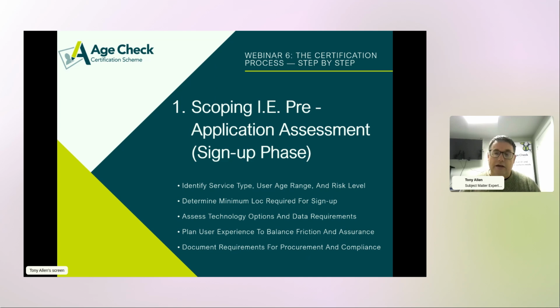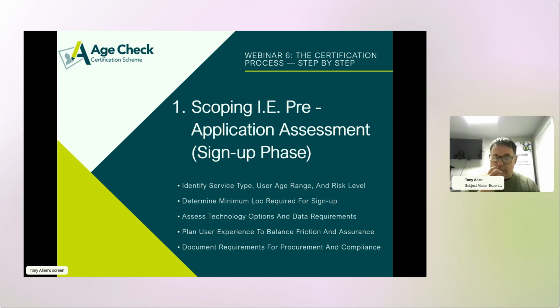So it is a process of just understanding what your system is, and there are a number of aspects to that. First of all, what you are. You could be an age assurance provider, somebody who actually does the calculation and delivers the result of an age assurance check.